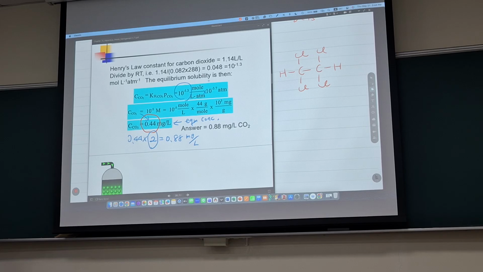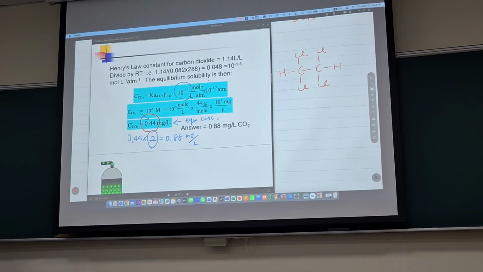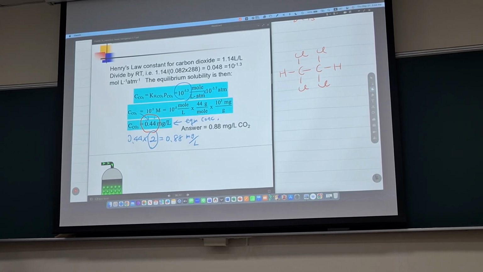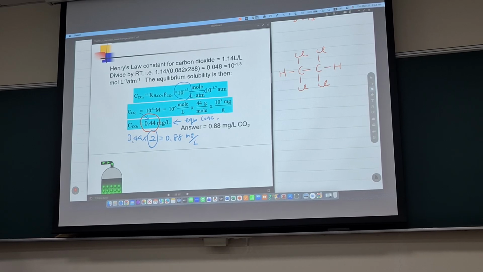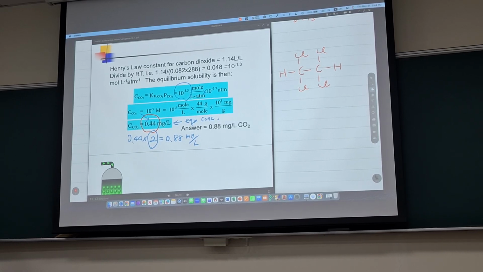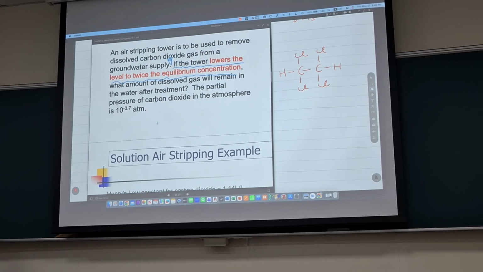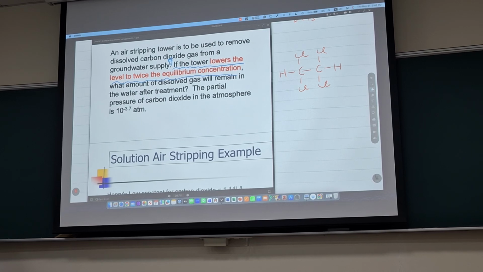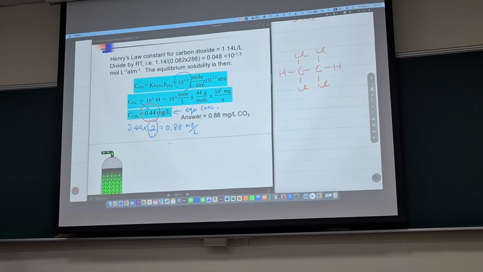If you understand, please raise your hand. Last time, more than 50% wrote 0.44, and I asked the TA to take off all the points, because they were careless. Read the question: the real question is, if the tower lowers the concentration to twice the equilibrium.